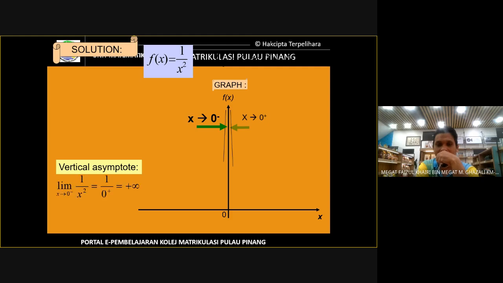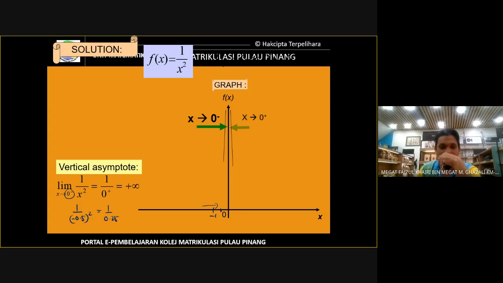So the vertical asymptote is just like when we substitute the value of x equal to 0 from the left. Okay, class, if we just imagine this is negative 1, approaching 0, we just imagine that we substitute the value of negative 0.5 into the function. Negative 0.5 squared into the function is 0.25.